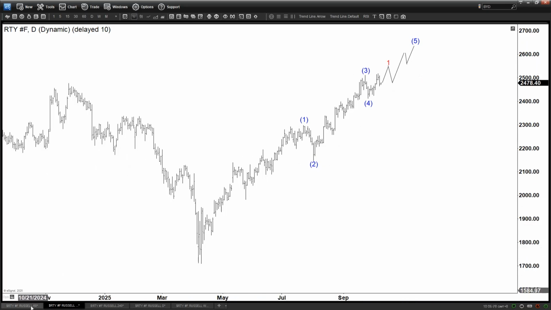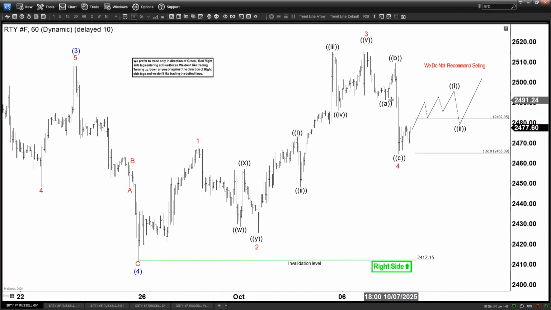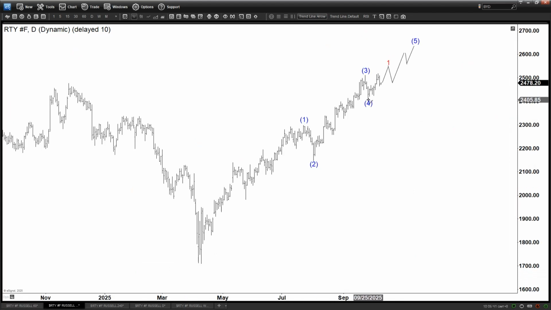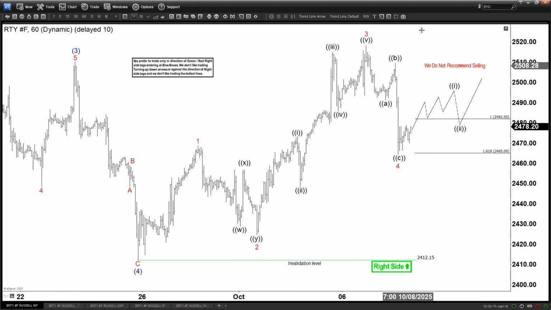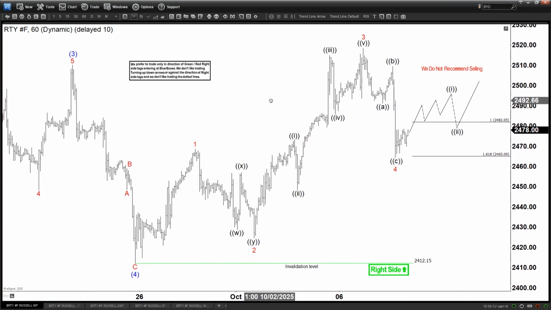Now what about if we don't go higher and we just turn lower from here? Well, like I said, if it becomes a 5 waves down, then I think this move up here does kind of look like a 3 swings, to be honest. This 1, 2, 3. So if we develop into a 5 waves down, then let's take a look at a couple of non-bullish alternates first, right?